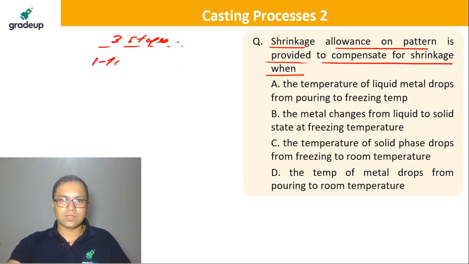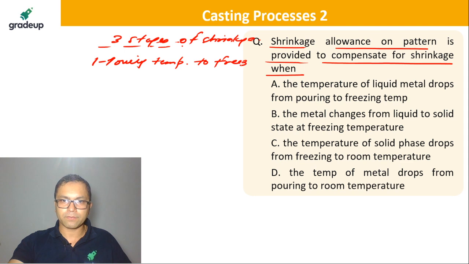The 3 stages of shrinkage, we have always talked about. The first one is the shrinkage when there's a temperature change from pouring temperature to freezing temperature. The second one is a phase change from liquid to solid.